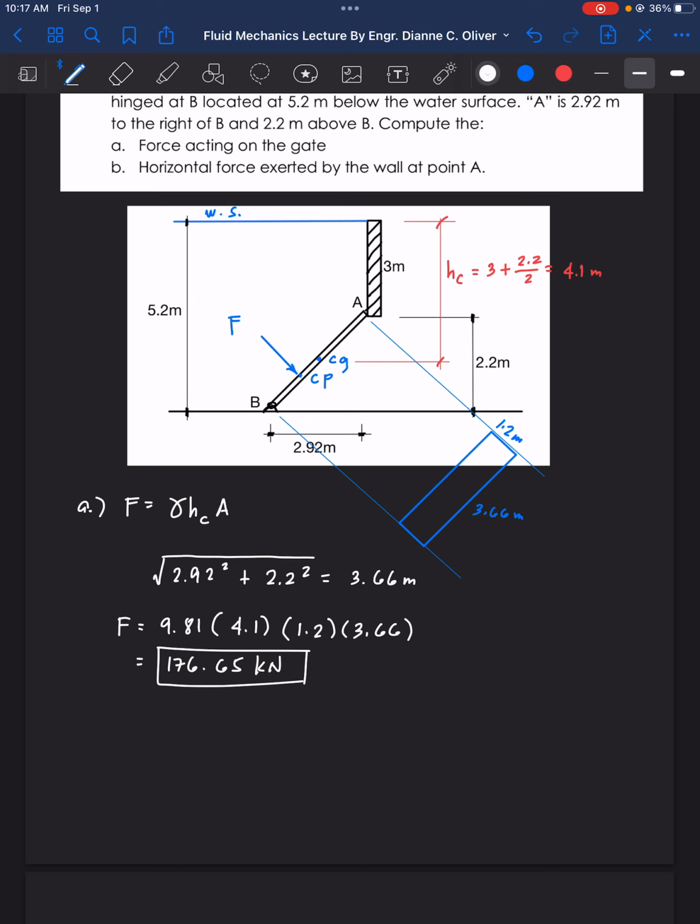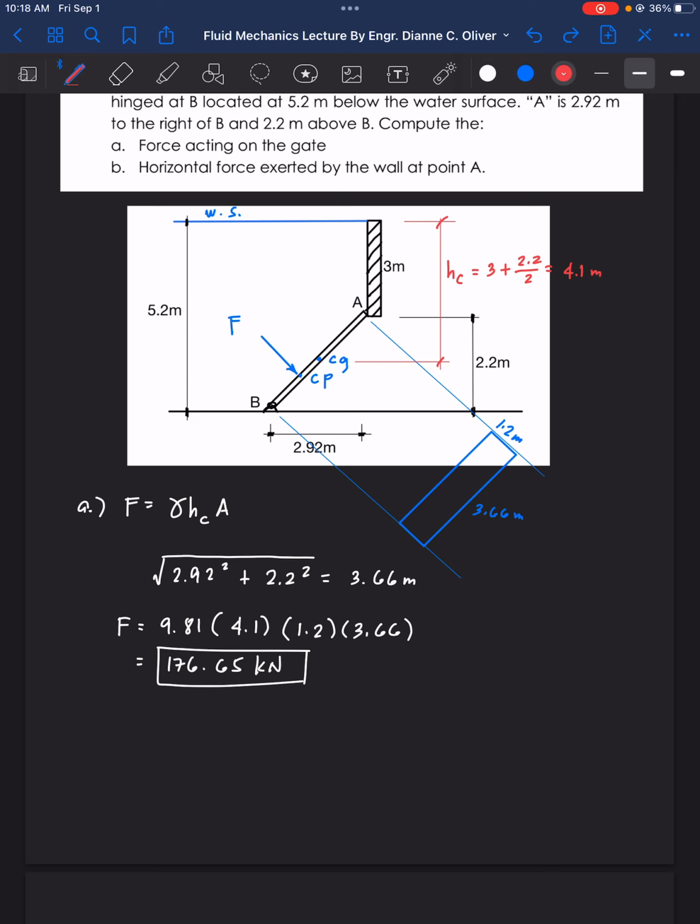So in what direction is the force at point A? Now there is a force here from the water, and it's acting to the right. So we need a force to go opposite it.